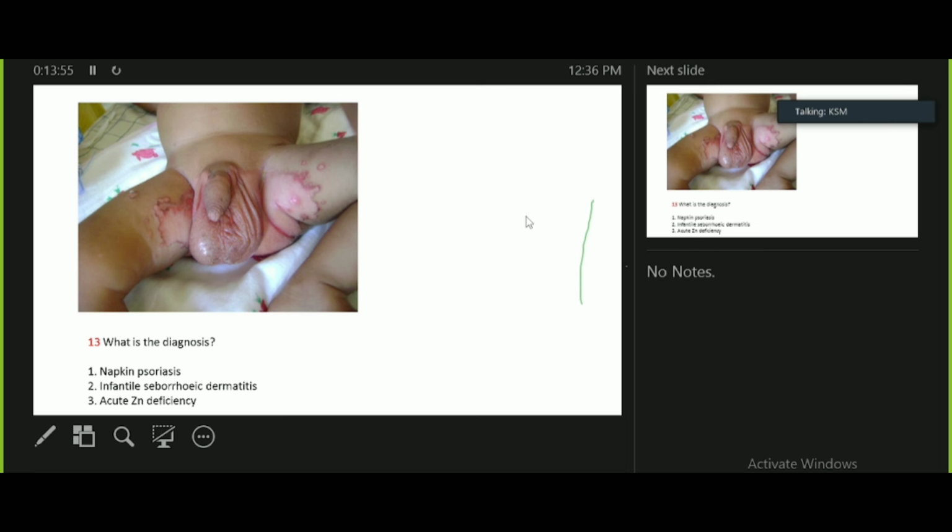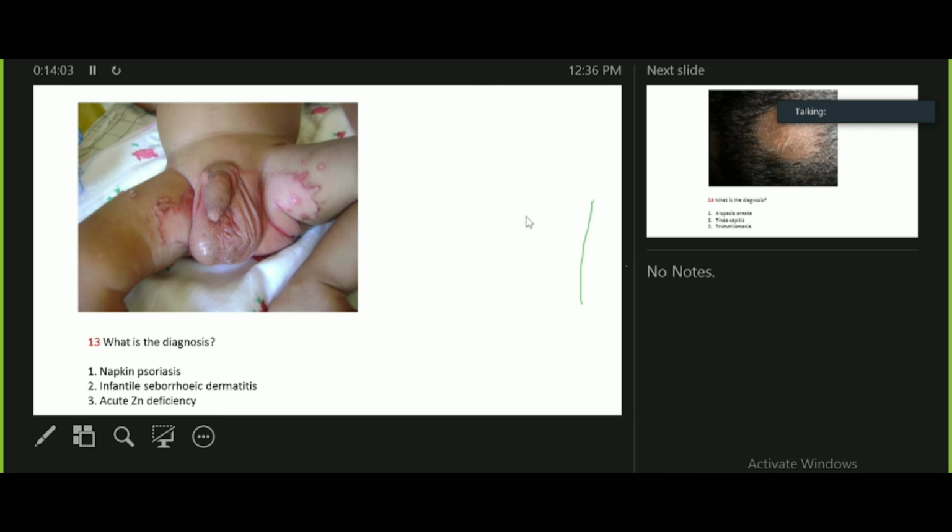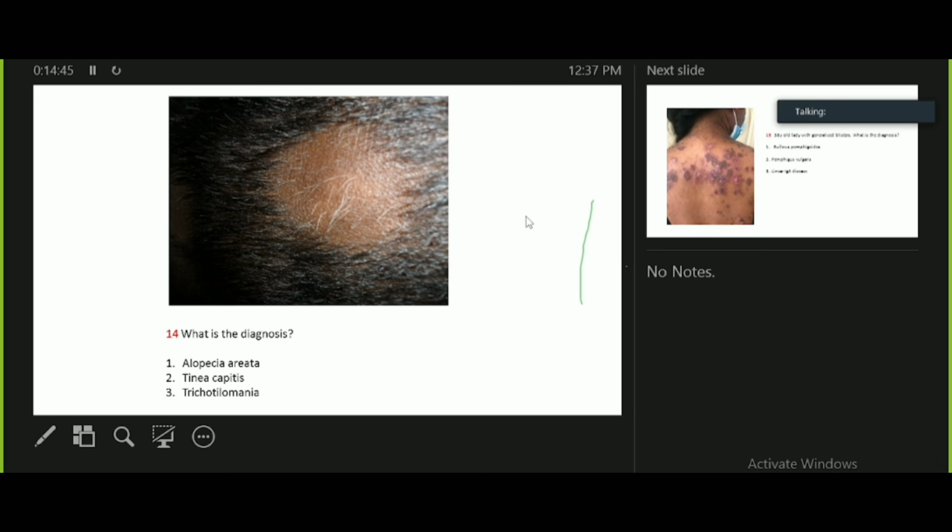Number 13. Number 14. The scalp lesion. What is the diagnosis?